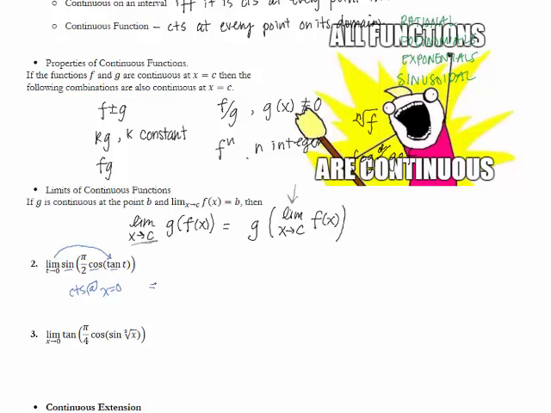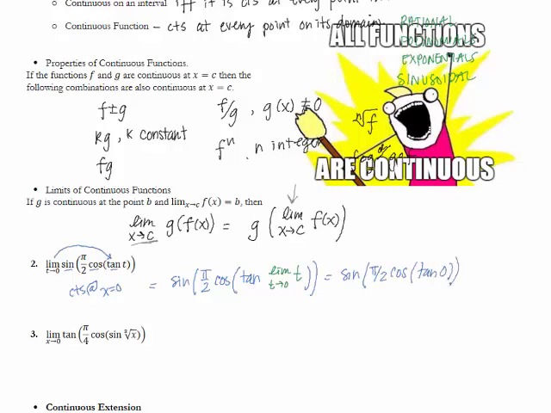So we can evaluate the limit as if it was the sine of pi over 2 times the cosine of the tangent of now the limit as t approaches 0 of t. Well, the limit as t approaches 0 of t is 0, so now we have the sine of pi over 2 times the cosine of the tangent of 0.